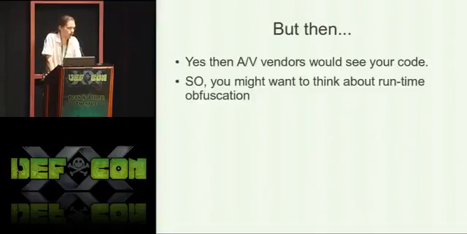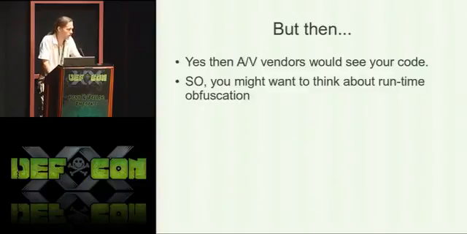All right, so if you stopped worrying about reflective injecting things because, say, they catch it and you can't find additional ways to fight it because they just get really, really good at catching it, then you might just want to think about runtime obfuscation of compiled binaries.